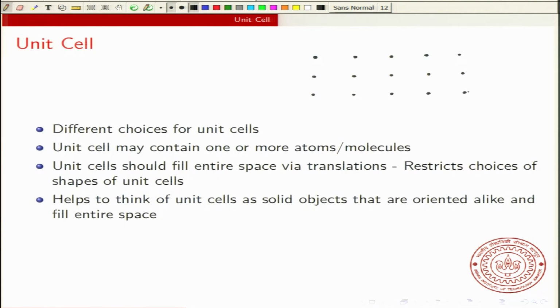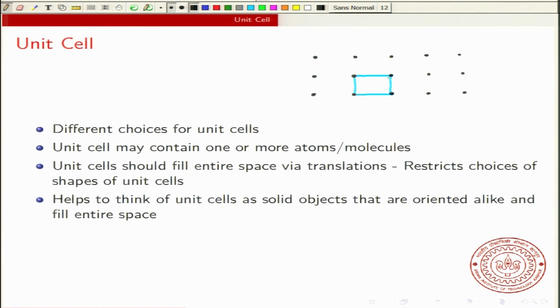Now, if I want to choose my unit cell, I can choose this unit as the repeating unit. Notice that since crystals are translationally invariant, I will emphasize the points, which are whatever the constituent units are. They may be atoms, they may be different units, but these are the constituent units of the crystal.